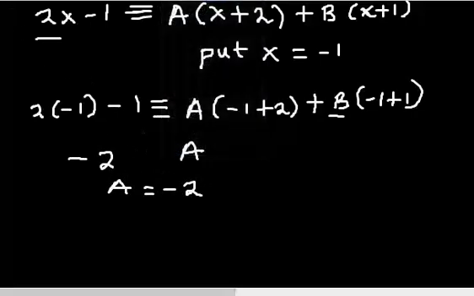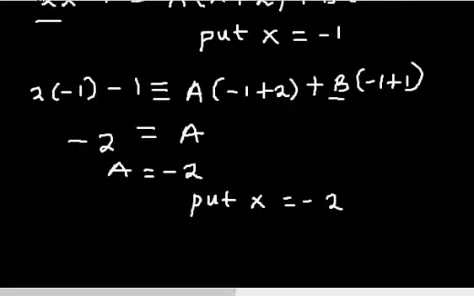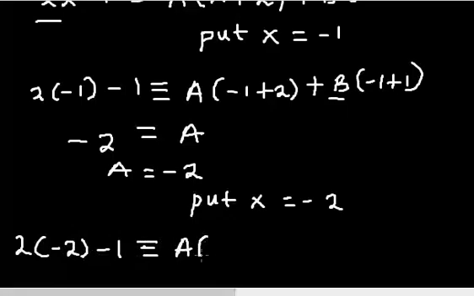For me to eliminate a, I have to put x equal to minus 2. So here I'm having 2 into minus 2 minus 1, equivalent to a, bracket open, minus 2 plus 2, then plus b, bracket open, minus 2 plus 1.